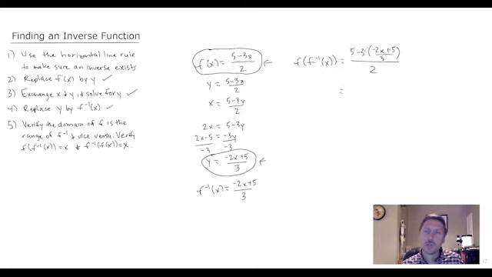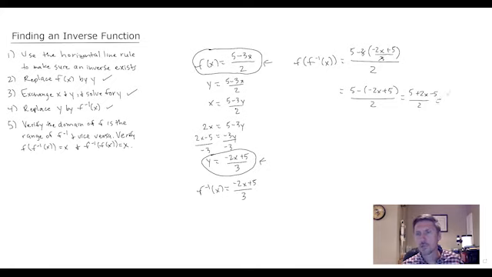And so our 3's are going to cancel out in this equation. So on the top, we're left with 5 minus negative 2x plus 5, all of that divided by 2. That's going to give us 5 plus 2x minus 5 divided by 2. And so sure enough, the 5's are going to go away.